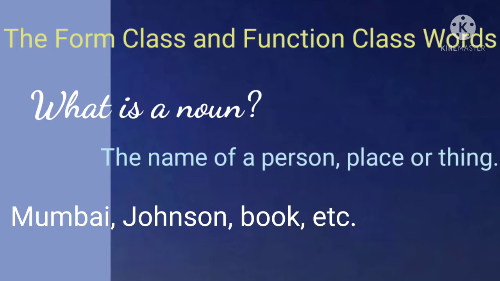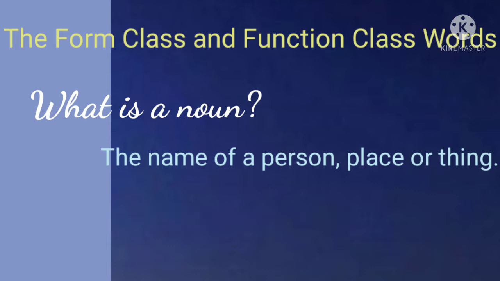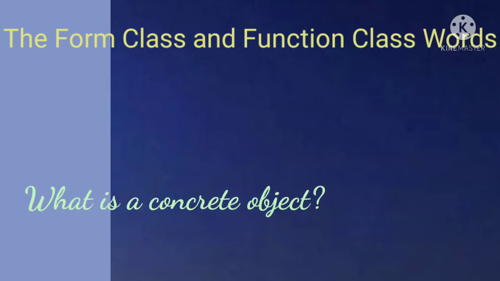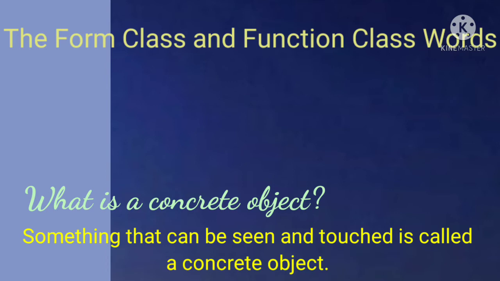By thing, they mean both the concrete objects and the abstract ideas. Now, what is a concrete object? Something that we can see and touch. The book is a concrete object.